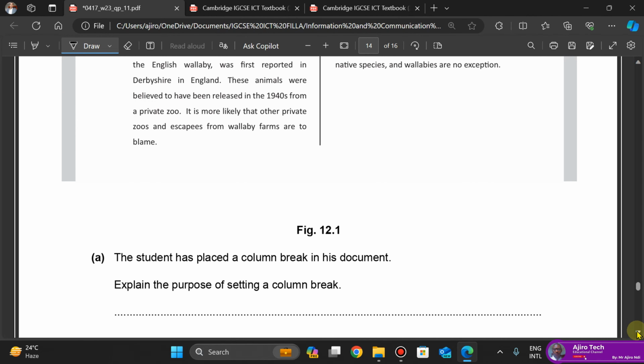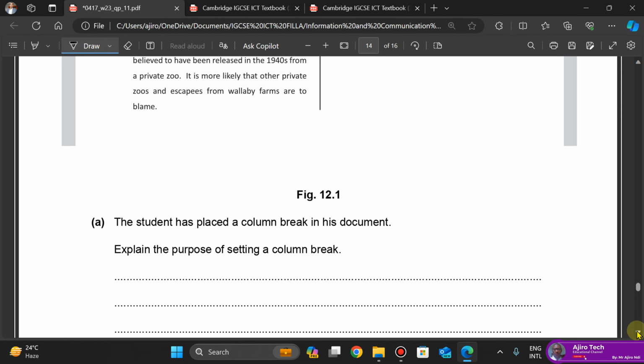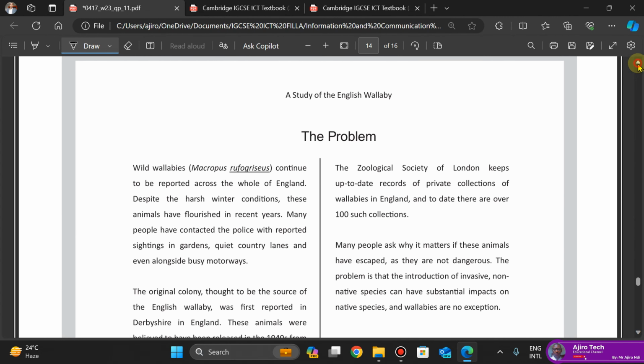So the student has placed a column break in his project. Explain the purpose of setting a column break.